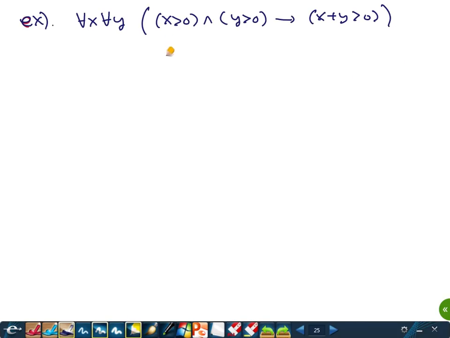Is this true? The domain of discourse is R times R, both real numbers. For all real numbers x and y, if x is positive and y is positive, then x plus y is positive. True? Yeah. If you add two positive real numbers, you will always get a positive number, so it's true.